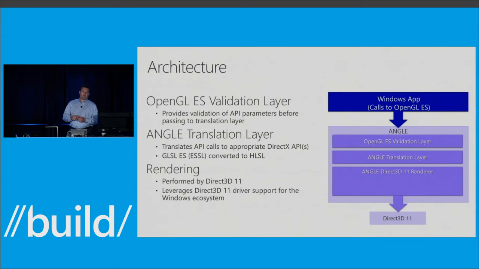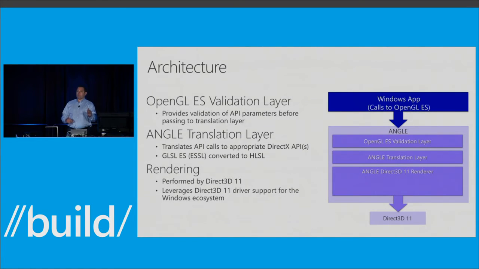The next layer is the translation layer. What the translation layer does is it takes the OpenGL ES GUI, and yes, that's an official word, and translates it to the DirectX terminology. It creates the mapping for the APIs.